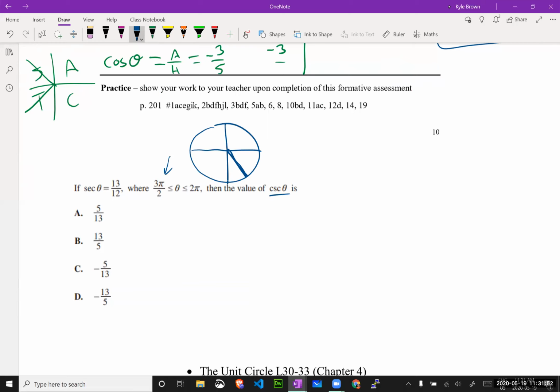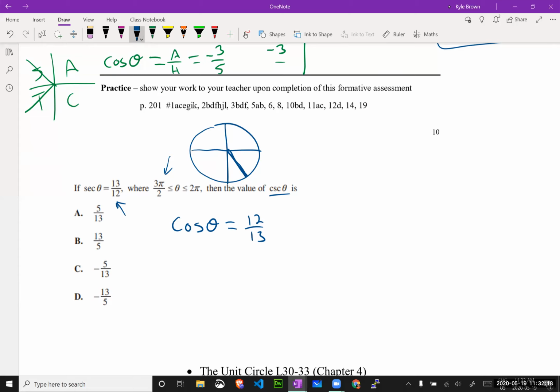Okay. So now let's figure out what we're even looking at here. Secant theta is the inverse of cos. So let's just say cos theta then must be 12 over 13. I find that a little bit more useful, right? Now let's draw that triangle.